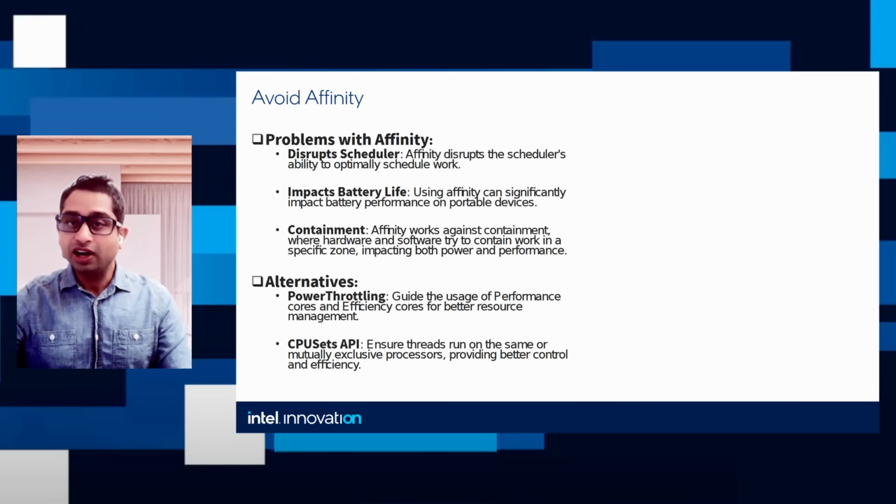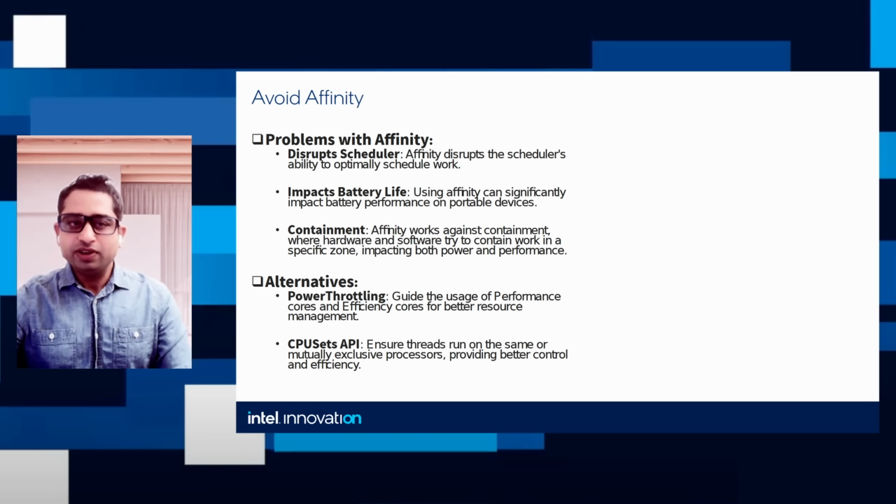However, on the client system, using affinity can cause issues, especially impacting battery life. When the containment feature is unable to confine work to a specific zone, particularly under low workload, processes or threads with affinity to other zones can significantly reduce the advantage of containment.